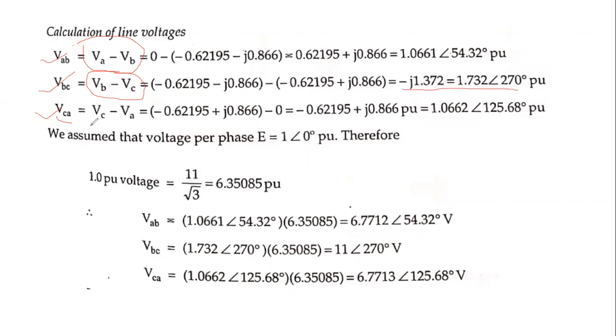Then we calculate the VCA. VCA is equal to voltage across the C point and voltage across the A point. We substitute these values in this equation and obtain the VCA. These are the line voltages, VAB, VBC and VCA.